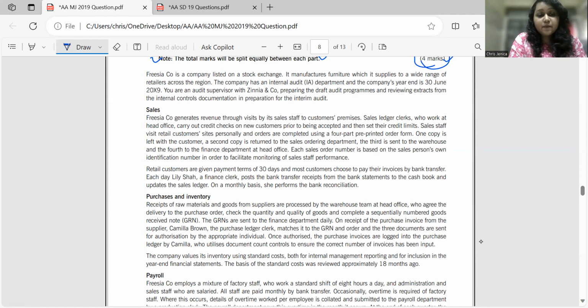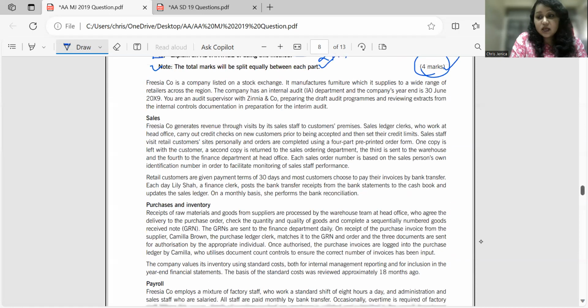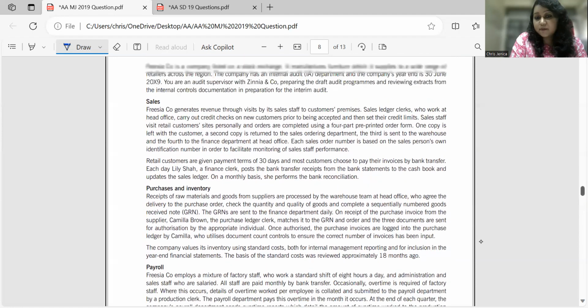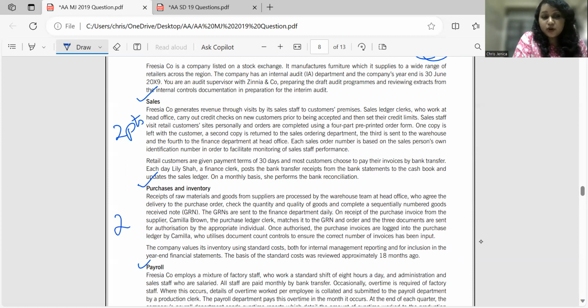Now, another thing that I wanted to discuss was, they have asked you 6 deficiencies, right? I have seen students who, you have 3 accounting systems given here. Out of these, the examiner's expectation would be that you provide at least 2 points of deficiencies: 2 from sales, 2 from purchases and inventory, and 2 from payroll.